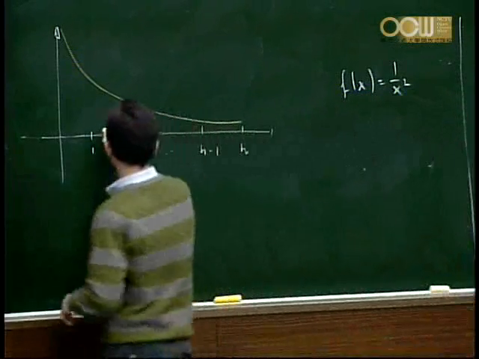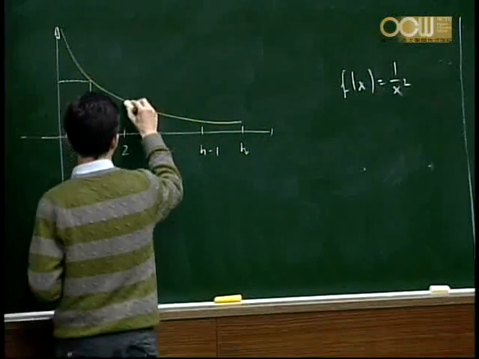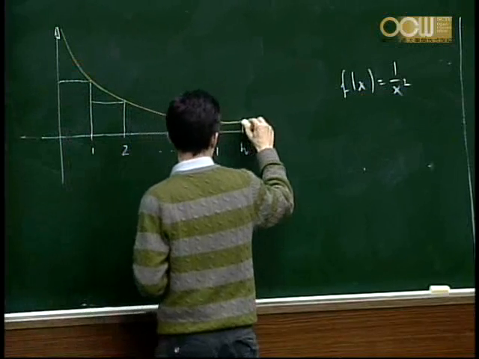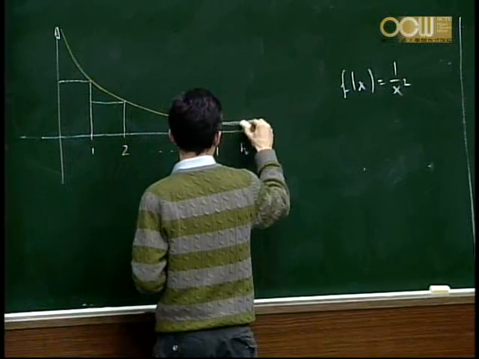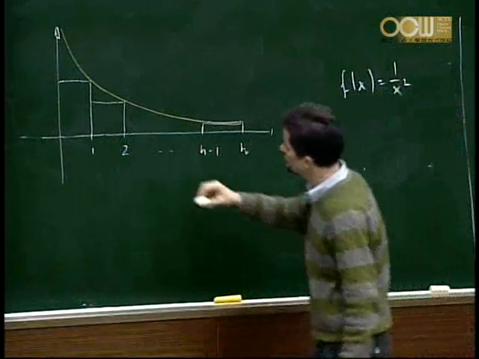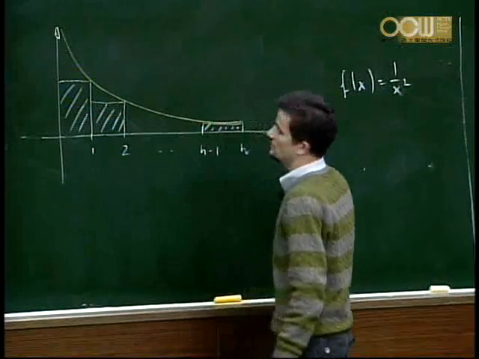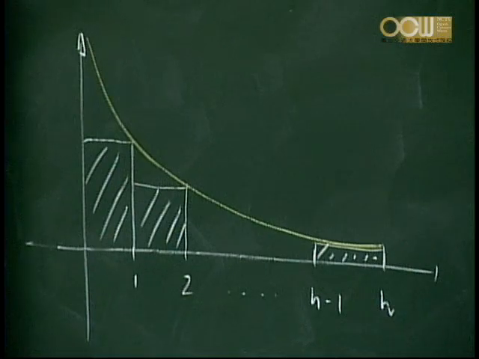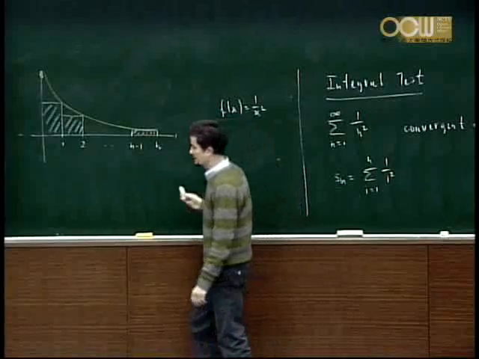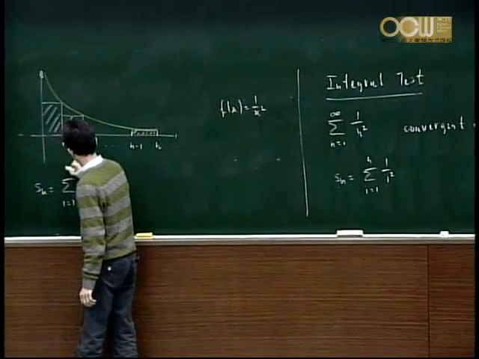So this sum, if I plot the following rectangles, okay, this is the last one. If I plot these rectangles here, then you see that if you compute the area of these rectangles, the area of these rectangles is exactly the Sn here.